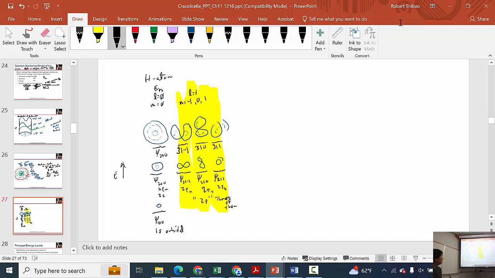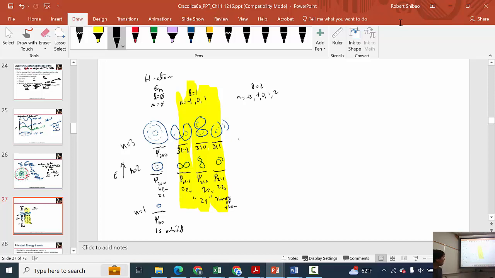But not only do we have L equals 1, we have a max L value of n minus 1. So if n is equal to 3 here, then the max L value is going to be 2. This is n equals 2 here. This is n equals 1 here. If L equals 2, then my M values are going to be minus 2, minus 1, 0, 1, 2.